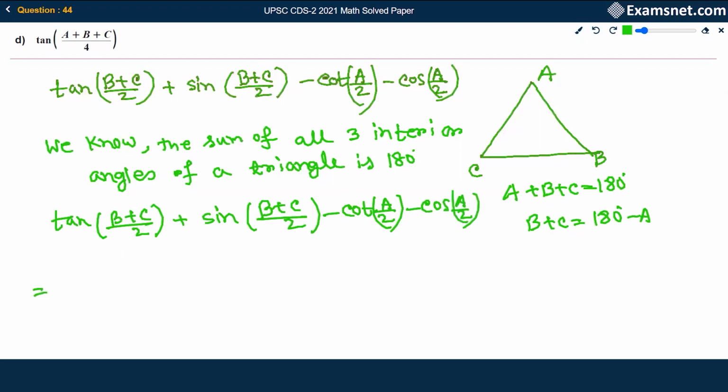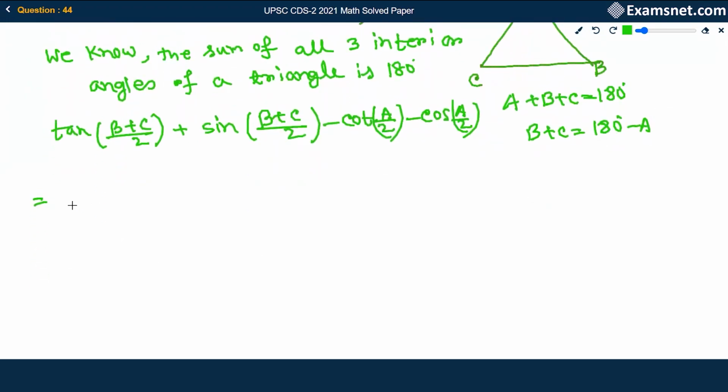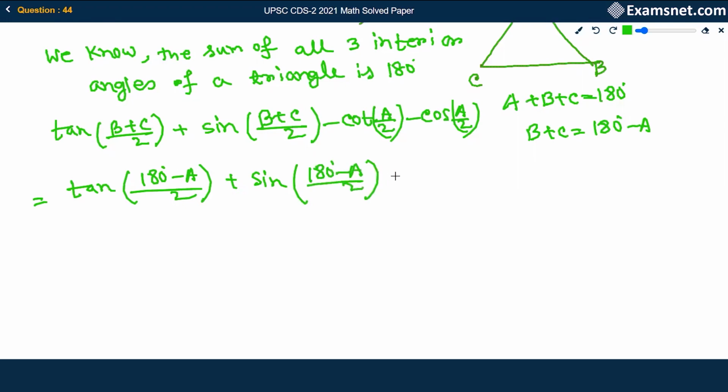So in place of B plus C, we can write tan of (180 degree minus A) by 2 plus sine of (180 degree minus A) by 2 minus cot A by 2 minus cos A by 2.